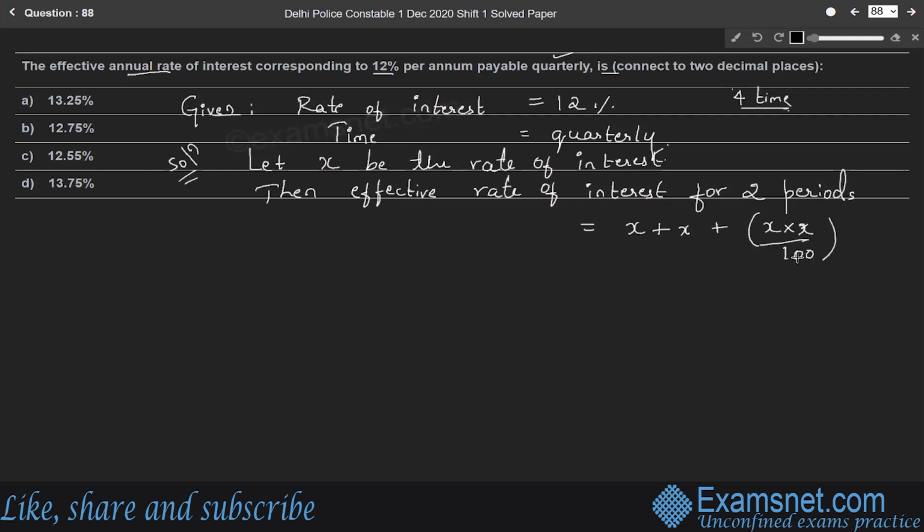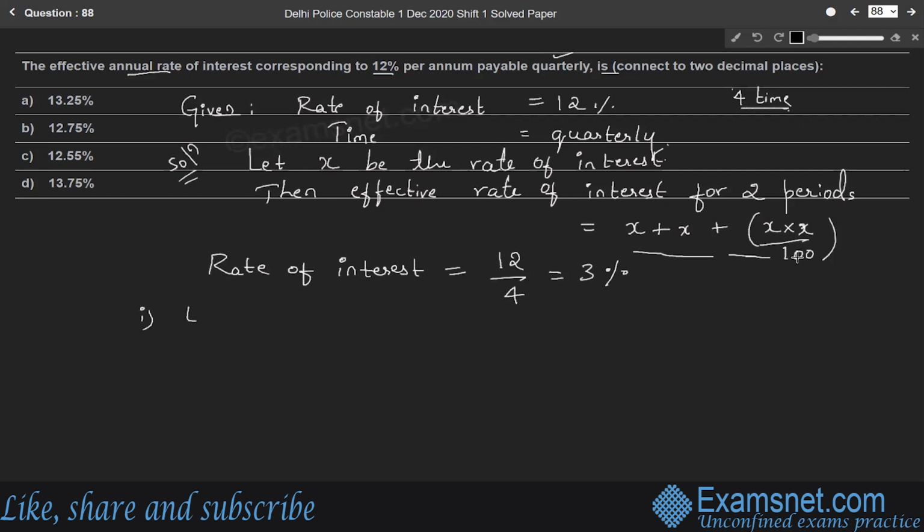So let us find the effective rate of interest. If the rate of interest is given 12 and it is compounded quarterly, then it becomes 12 by 4, which is 3%.